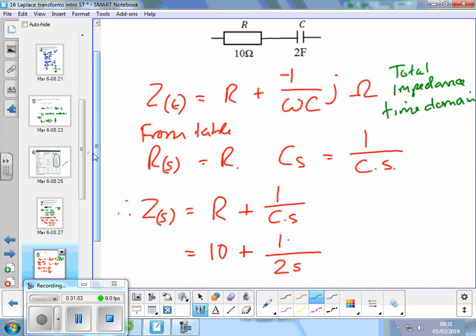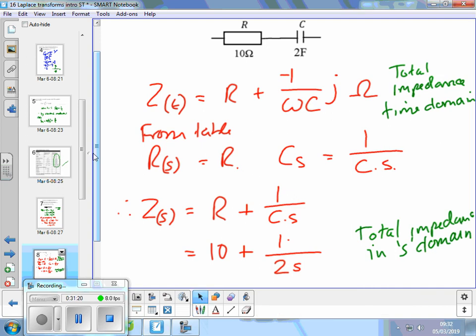And this one is the total impedance in the S domain. All right? So they're two fairly simple series circuits, which we will have a look at.